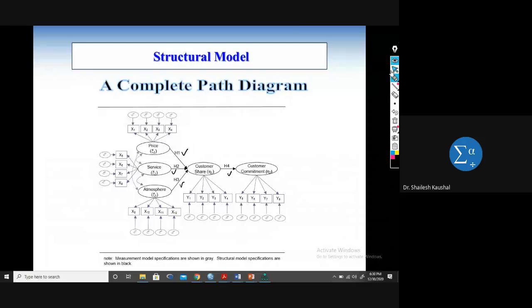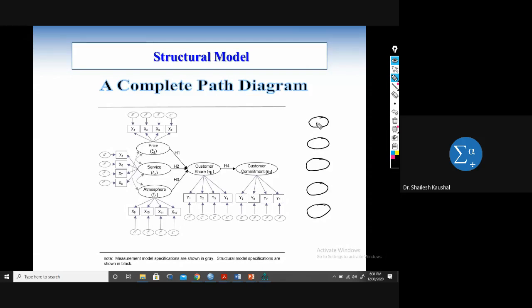But in the case of confirmatory factor analysis, I told you it is an interdependence technique, and we do not check hypotheses. So in the first step we use confirmatory factor analysis, where we treat all the variables as exogenous variables. There are 5 variables.